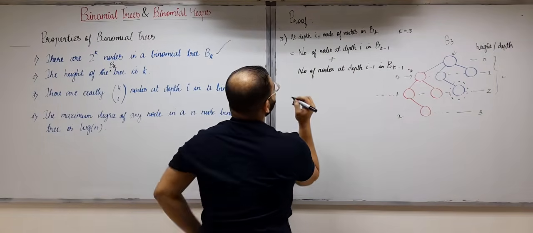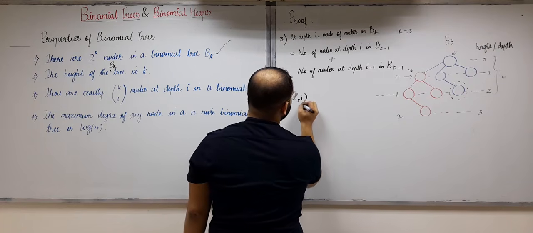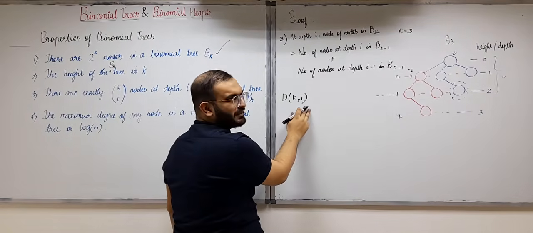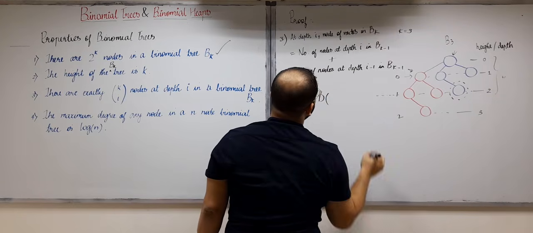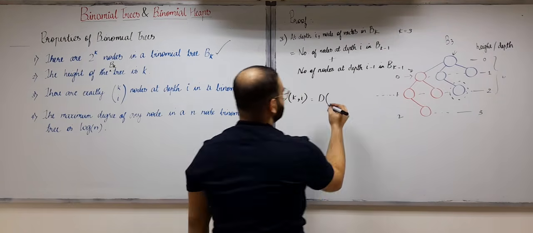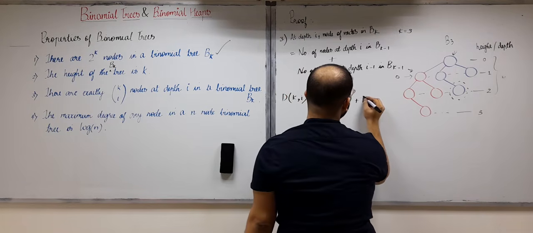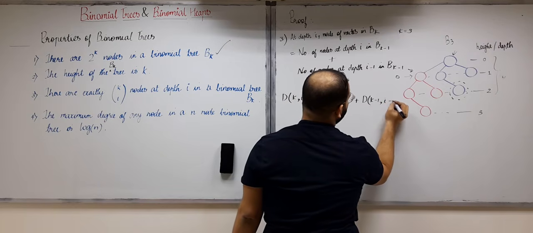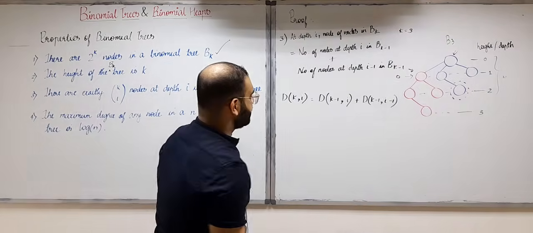Now if you pay attention, I can write it this way: d(k,i), the number of nodes for binomial tree k at depth i, will be equal to the number of nodes for binomial tree k minus 1 at depth i plus the number of nodes for binomial tree k minus 1 at depth i minus 1. I have just written this formula symbolically, okay?